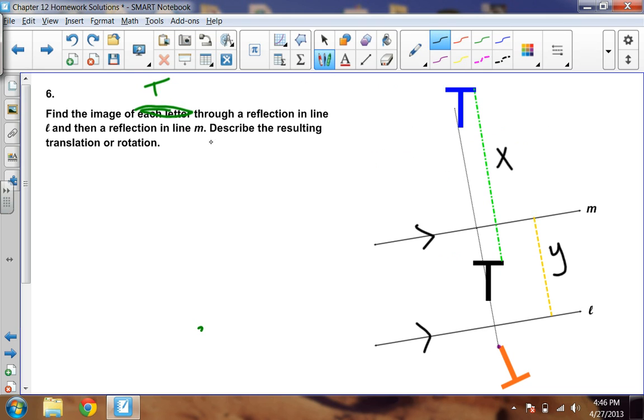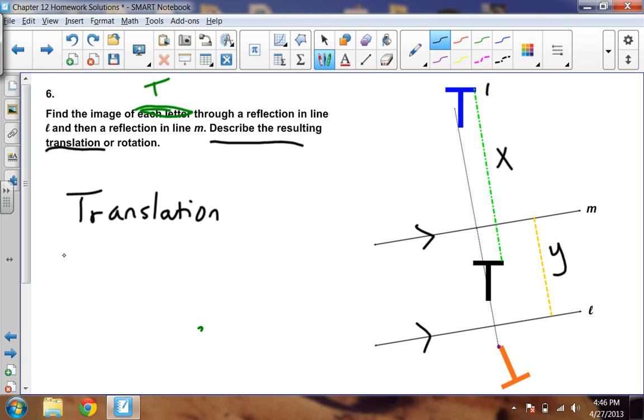So when it says describe the resulting translation or rotation, I'll just underline translation because that's what it is. This is a translation. And let's call this T prime, just to help us out.